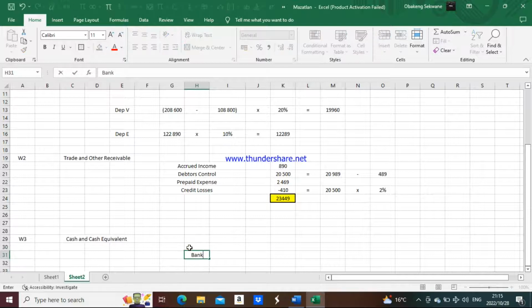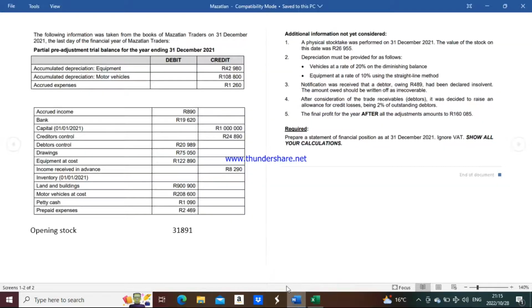This is our bank and our petty cash and anything related to cash that we may have.